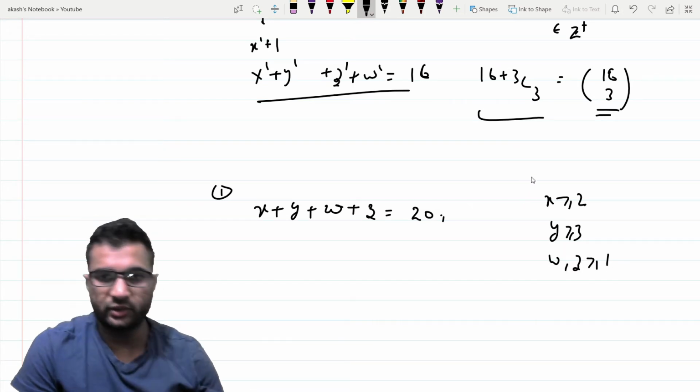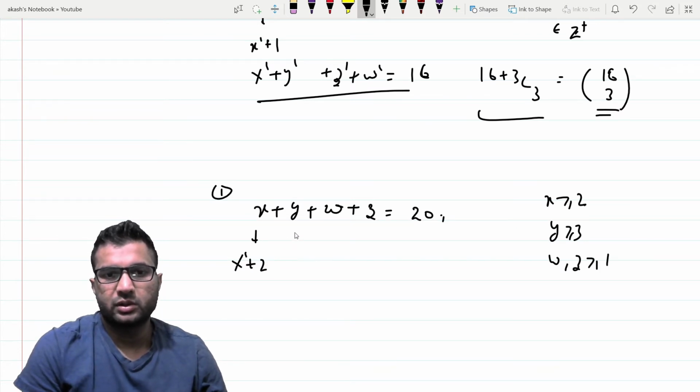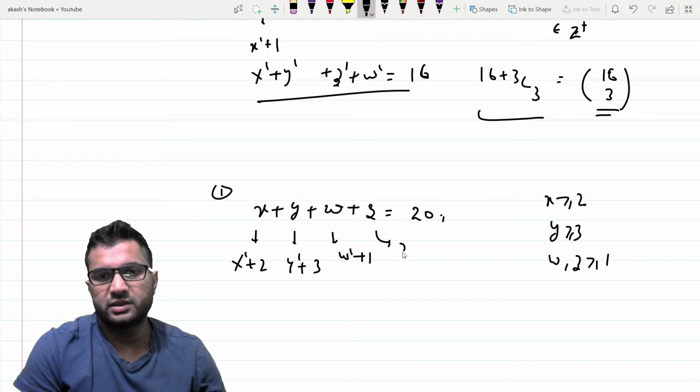All are positive integers. So definitely you can replace this as x' plus 2, this as y' plus 3, w' plus 1 and z' plus 1, equal to 20.